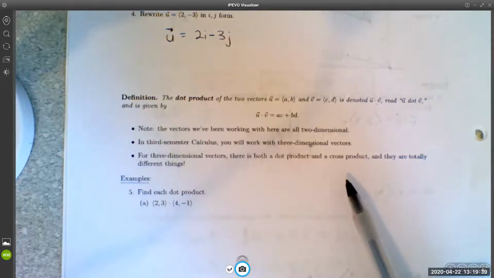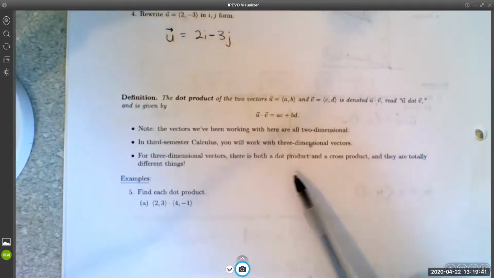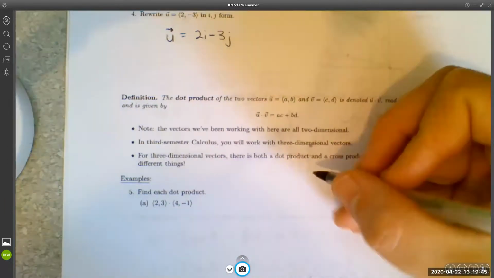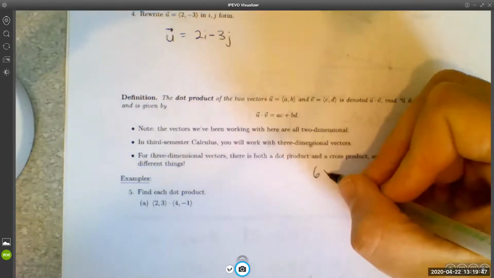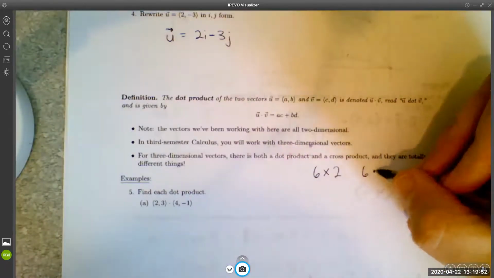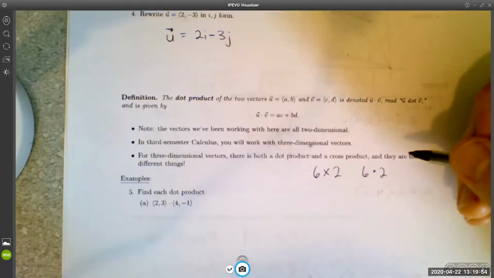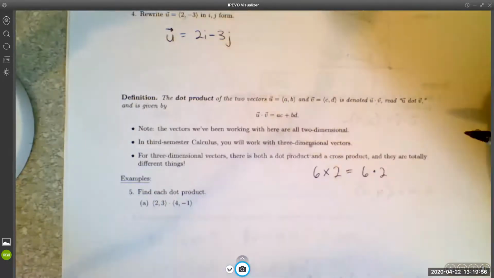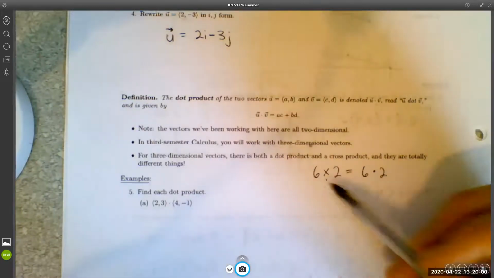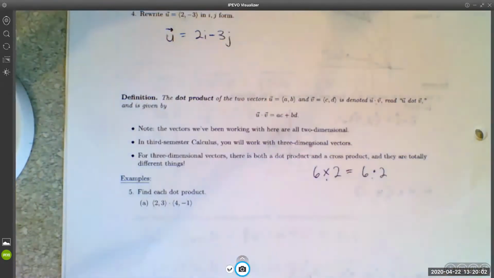The reason I wanted to bring this up is to point out that in grade school, when you're learning about multiplication, at first you learn this symbol, 6 times 2, and later on you learn this symbol, 6 dot 2. When you're working with scalars, these are exactly the same thing. But when you're working with vectors, the cross product and the dot product are two very different things.